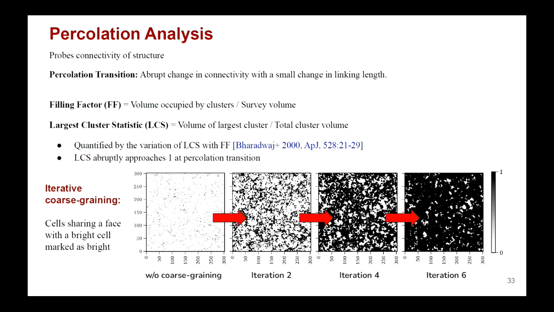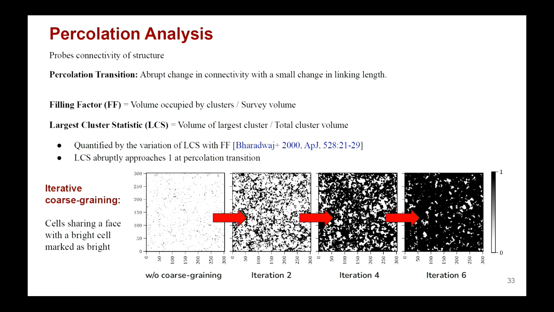By iterations, I mean you paint all the neighboring cells of a bright cell as bright and then ask the question, are they connected with each other? If not, you do another round of painting for all of the bright cells, because now you have more bright cells, and eventually after a number of iterations, all of your cells get interconnected. That means the structure has percolated. So that is the percolation transition.